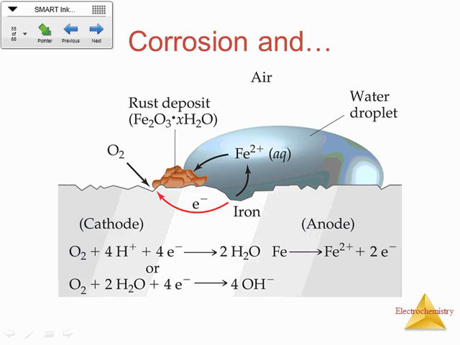And so you can see your two reactions that you've got going on there. Okay, and it's either making water as the byproduct or OH minus, I guess, is the byproduct there. But either way, the iron's getting oxidized, and that's the part that makes the iron oxide, which is the rust deposit.